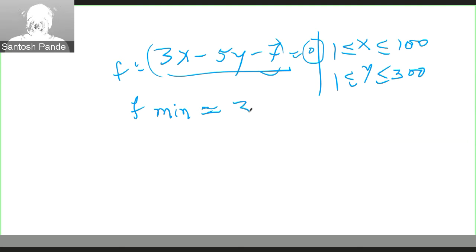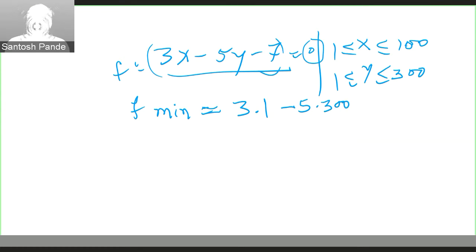So what we'll do here is simple. To minimize this, x is allowed to vary between 1 and 100, so we'll choose 1 because that's the lowest value, which allows us to minimize this. Now we want to minimize this, so we must consider this negative coefficient of 5. So y's value, however, we should choose as the maximum one.